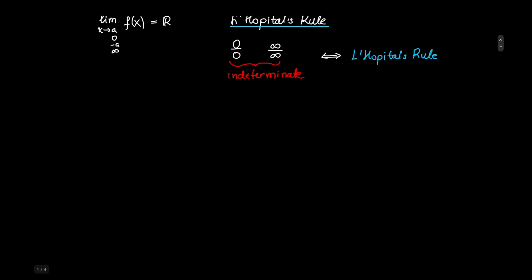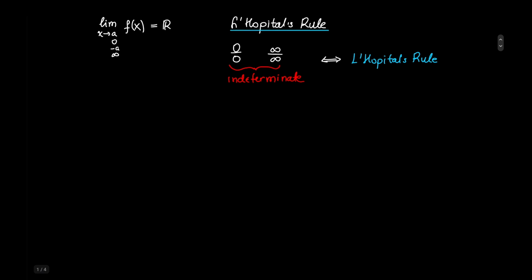For this, I want you to consider an example. Let's say we're tasked with evaluating the limit as x approaches 0 of the function sine x divided by x. A direct evaluation of this limit, meaning plugging in 0 for x, leads to ambiguity, because sine of 0 is 0, and on the bottom we just have 0.